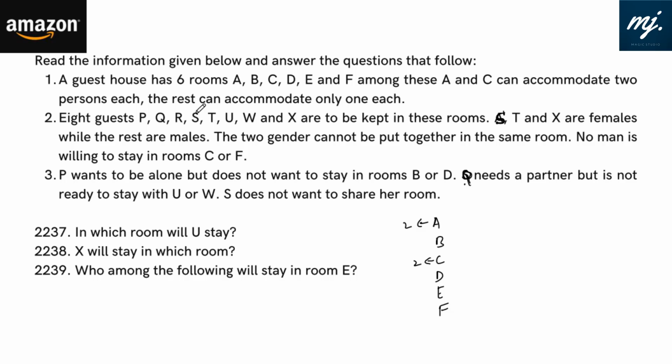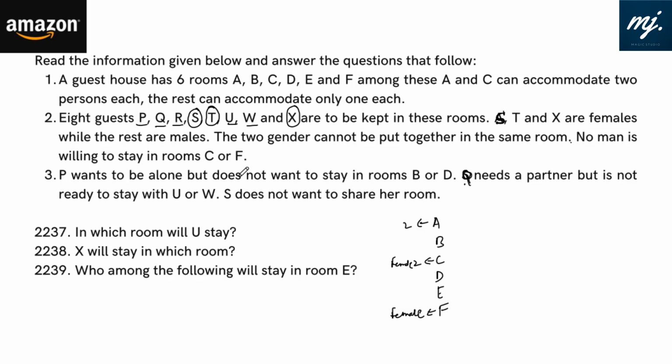S, T, X are females and rest are male. The two genders cannot be put together in the same room. No man is willing to stay in C or F. That means in C we will have 2 females, and in F also we will have 1 female. We have got 3 females.